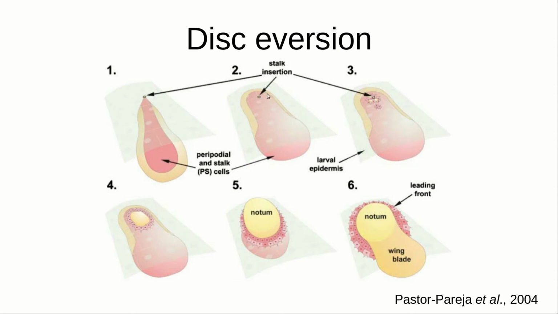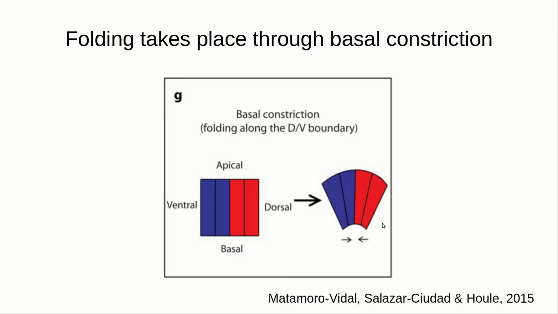First of all, the peripodial membrane expands and surrounds the proper disc. Then holes start forming in the larval epithelium close to the stalk region, and later these holes join in a bigger hole, and the notum everts through this hole, and after the notum the wing blade everts.